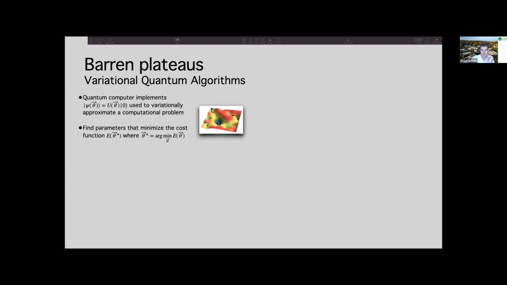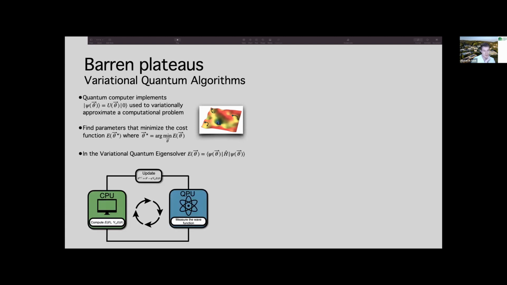So you're trying to walk down in energy to find a good local minimum, which then approximates the solution. What I will be focusing on today is the variational quantum eigensolver that we just heard about, where the cost function is an energy expectation value. So you have a Hamiltonian, which can encode some quantum chemistry problem or some condensed matter problem.